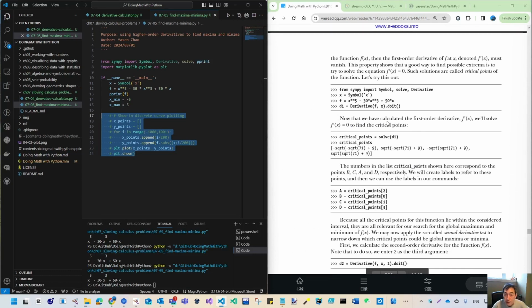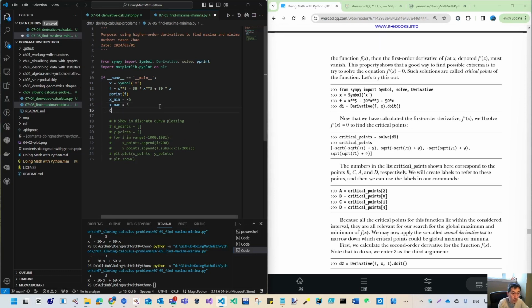Then let's see, what we will do is we learned on the high order derivative. So we have this f, and we define d1 as this derivative, the first order. Then we will use this critical point to solve d1. So let's say d1 is the derivative of f x.